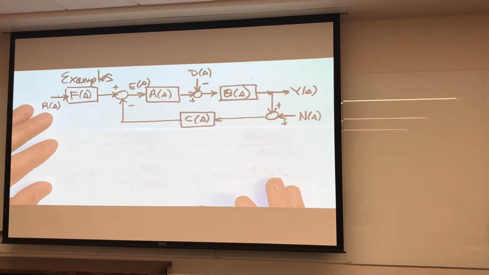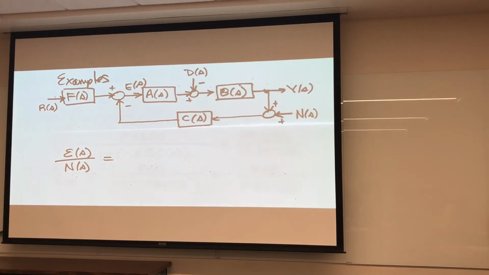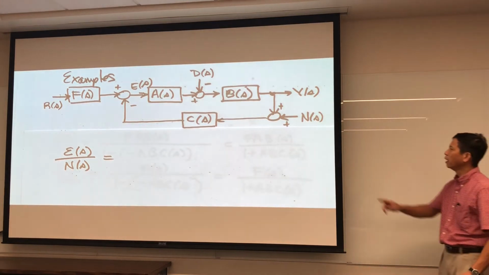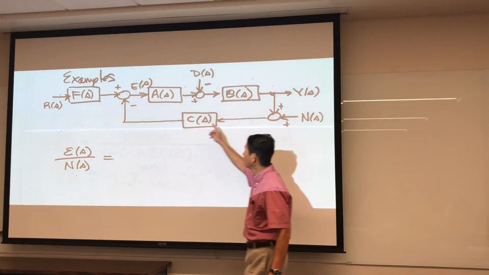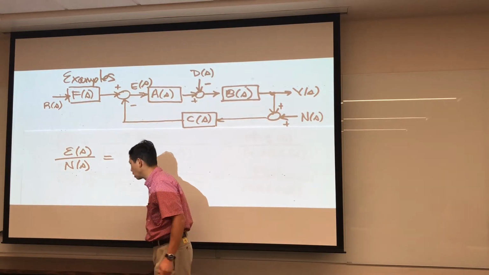Maybe I'm interested in how much error is due to the noise. Okay, so that might be a reason for wanting to know the transfer function between N, the noise, and this. How's my control system working? Is it a good control system?